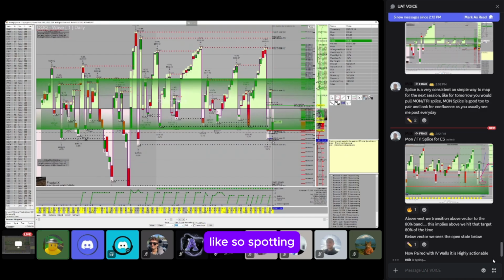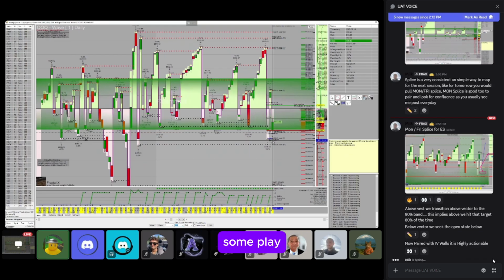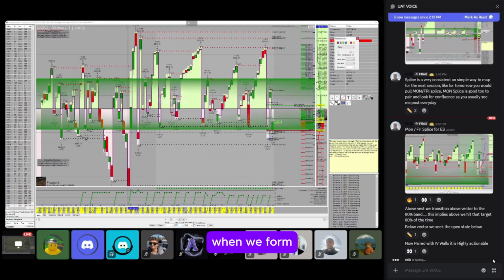Other than that, spotting descending resistances, how often do you generally do that? When we're starting to form lower peaks, is there some play in that, or should we generally see it keeping that perfect angle when we form stuff like this?